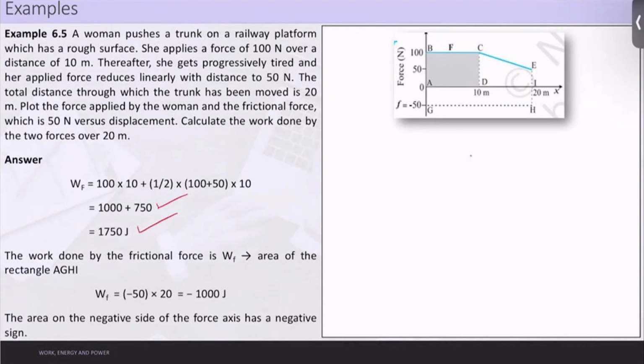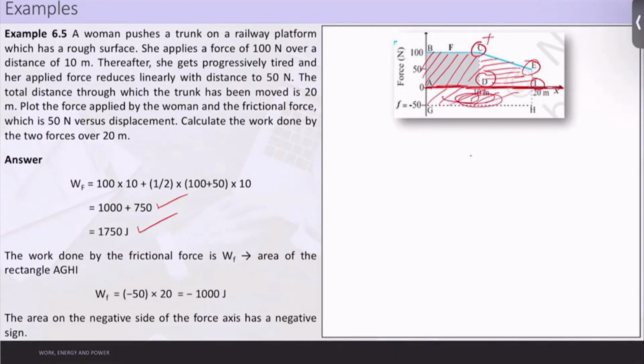So what is the conclusion of this? Even if there is a variable force, you can calculate the work done by this force. Here the work done by the force is equal to the area of the rectangle ABCD plus the area of the trapezium CDIE. Please remember, we will only go up to this, even though there is a frictional force acting here.